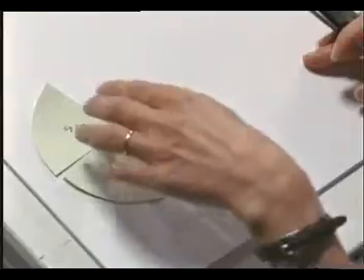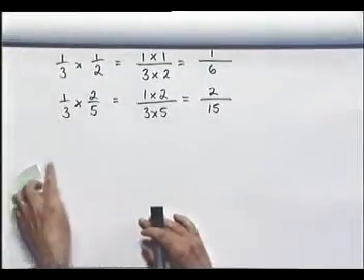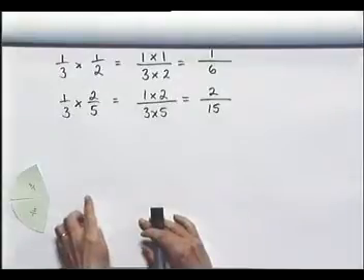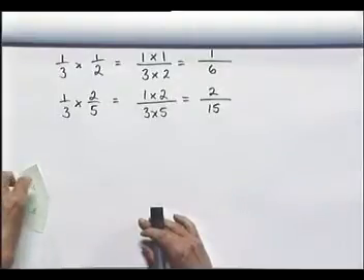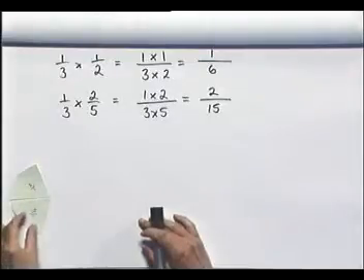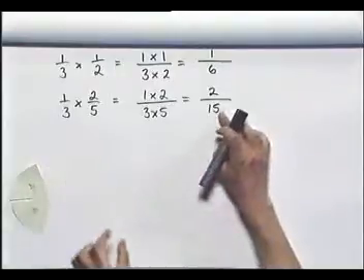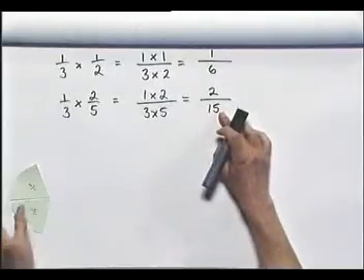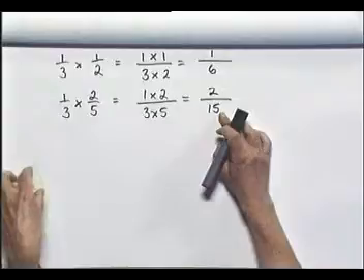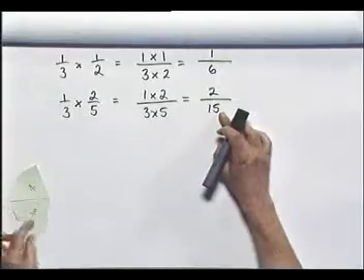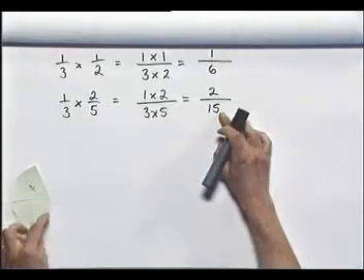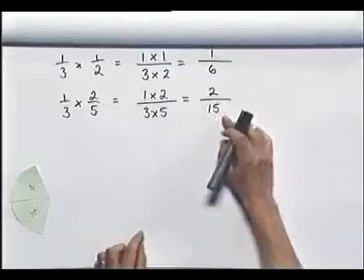If we split a 5th into 3 pieces, instead of 5 pieces making our whole one, we'll actually have 15 pieces making our whole one, because there'll be 3 pieces from each of the 5ths. So that's where our 15ths comes from. And then we take one of the 3 pieces from this 5th and one of the 3 pieces from this 5th, which gets us our 2/15.